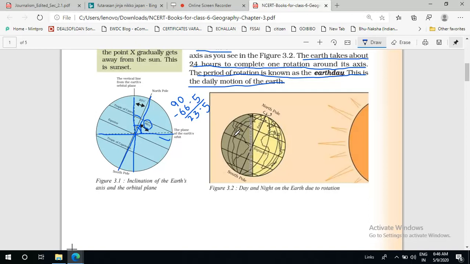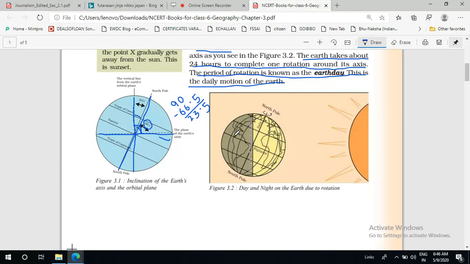If the earth stops movement, then there will be a problem of extreme temperature also. The part which is receiving daytime will experience too much hot conditions, and the part which is experiencing night time will experience extreme cold. So these are the effects of rotation.